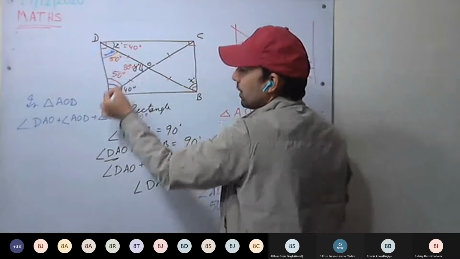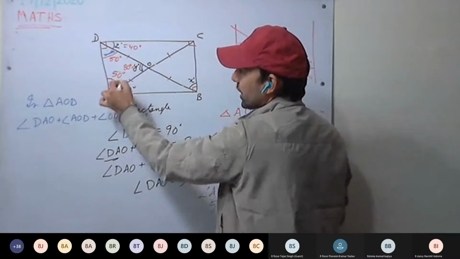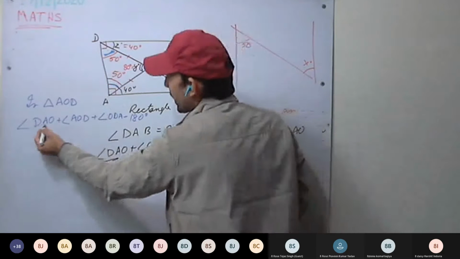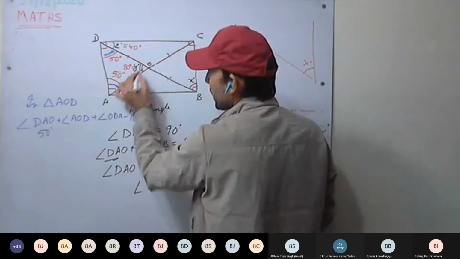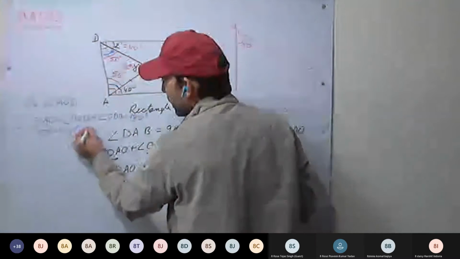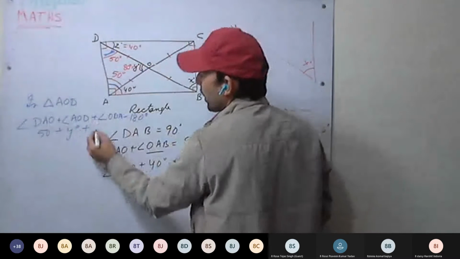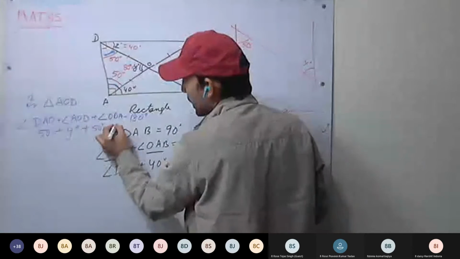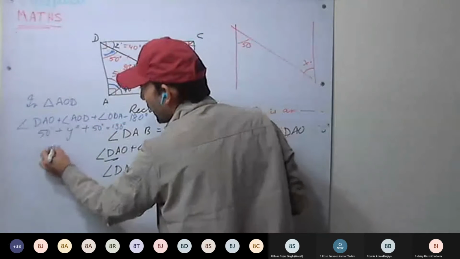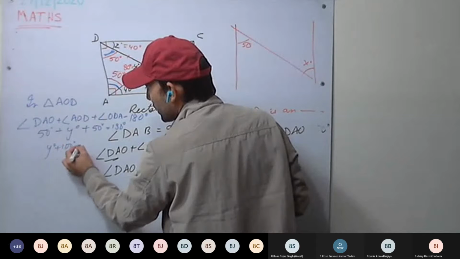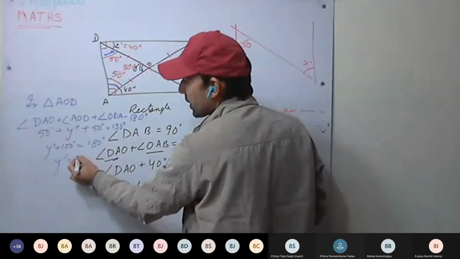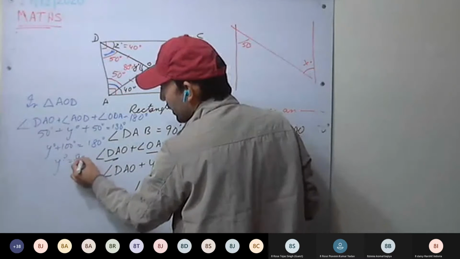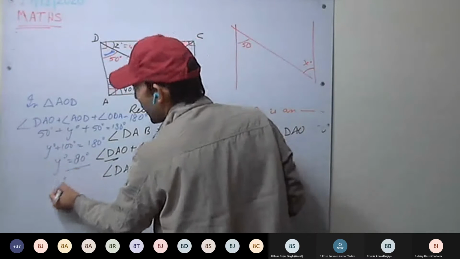This is the angle sum property of the triangle, 180 degrees. This angle is 50 degrees. AOD is Y degrees. Angle ODA is again 50 degrees. So Y degrees plus 100 degrees equals 180 degrees. Y equals 180 minus 100, that is 80 degrees.